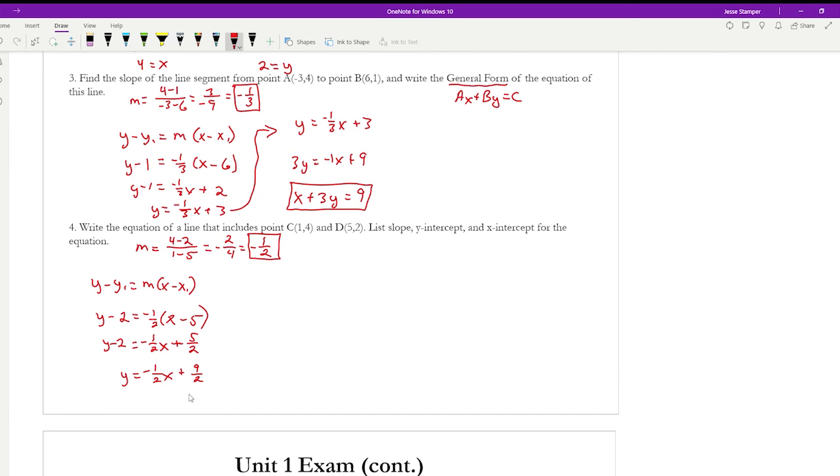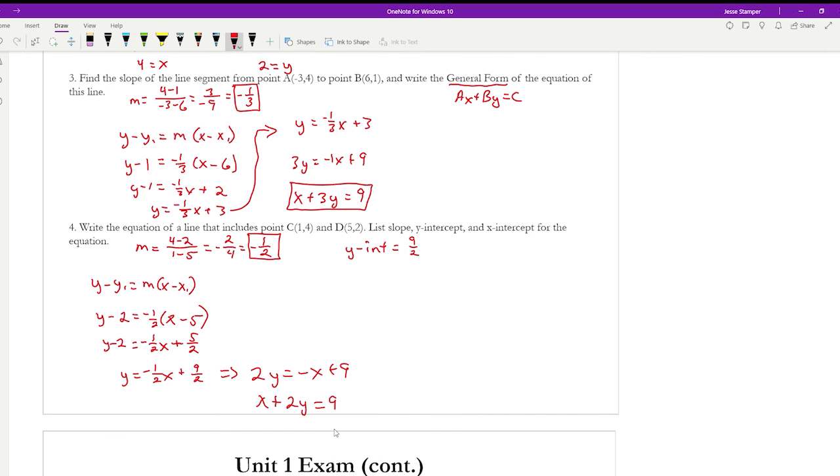Now we could stop here and we could find out what the y-intercept is. In fact, you should be able to tell immediately that the y-intercept, anytime that x goes to 0, is a positive 9/2. So the y-intercept is actually equal to 9/2. We can also multiply the whole thing by 2, which gives us 2y equals negative x plus 9, which comes down to a general form of x plus 2y equals 9.